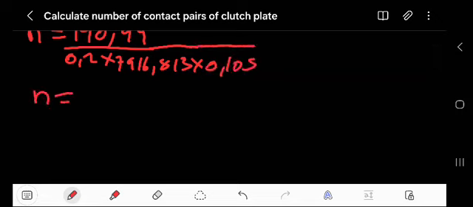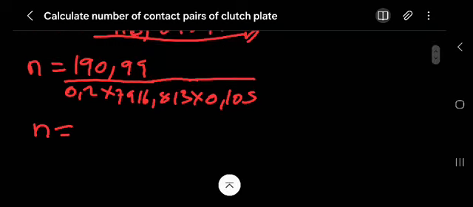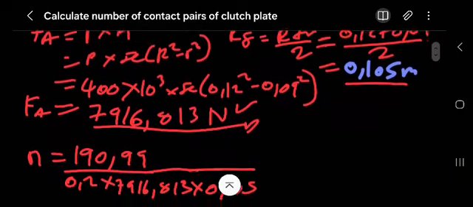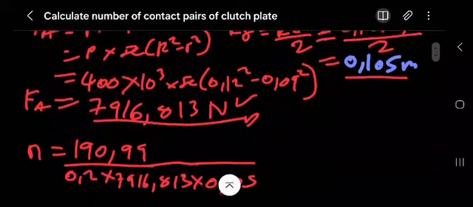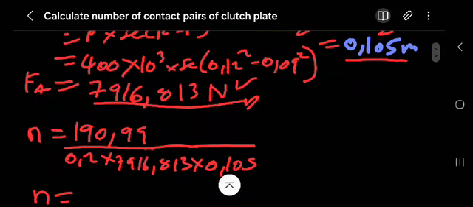So what will be n? Let me punch this in: 190.99 divided by 0.2 times 7,916.813 times 0.105. That is what we have there.